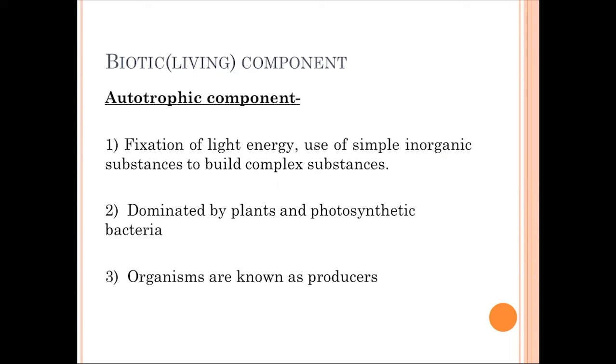Green plants are mostly considered as the autotrophs or the producers, but chemosynthetic bacteria are also autotrophs. Chemosynthesis occurs in deep oceans where chemosynthetic bacteria take in simple inorganic compounds and convert them into their food. Okay?